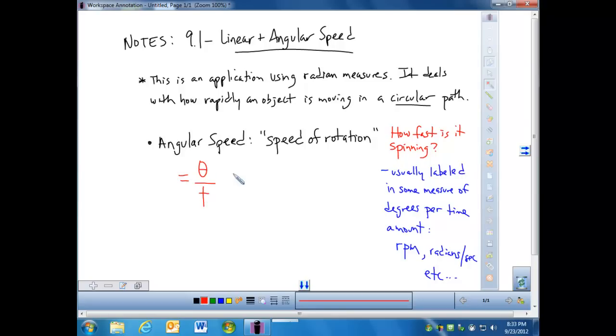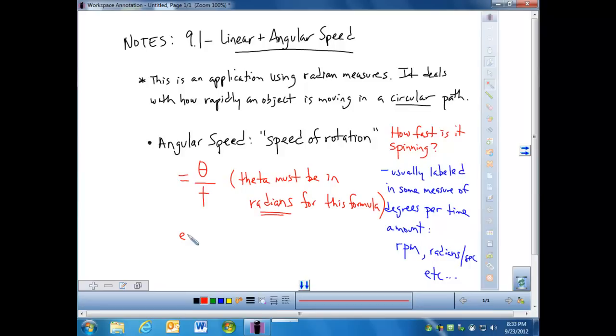Now when you're doing angular speed, it's real important that you make sure that theta is in radians. You can have angular speed be labeled in anything, but when you use this with linear speed, it's real important that your theta is in radian measure.